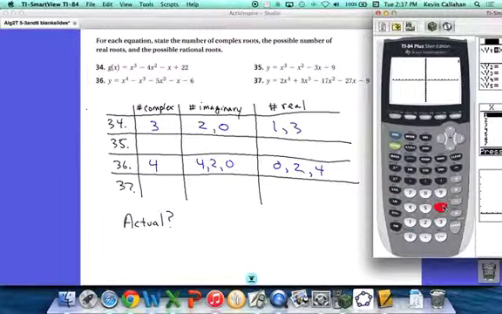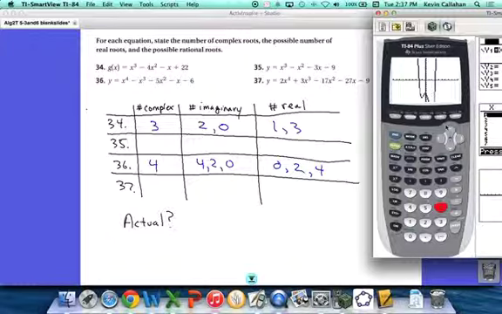Looking at this, it's a quartic, and I'd expect it could have how many terms in the graph? A quartic could have 3 turns, so you can see them all right there on the graph.